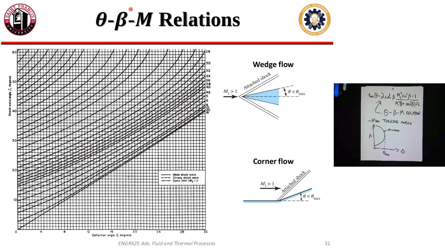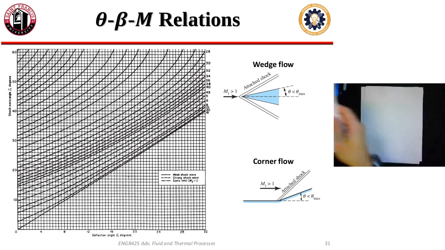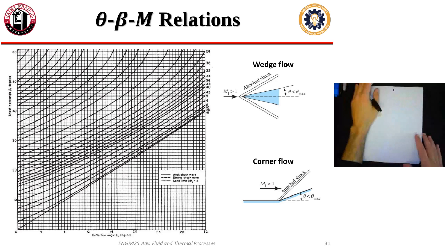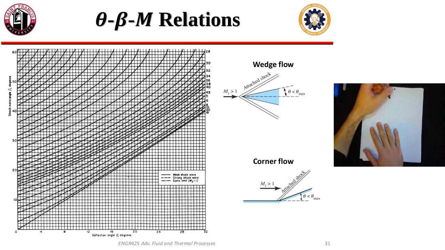So I just kind of wrote out that chart a little bit. Okay, let's look at an example. Say that I have a wedge. I'm moving through the flow, and if I define that wedge angle, theta in this case, that's how far the flow is turning, because I have my flow coming in here, then it has to follow the contour of the body.